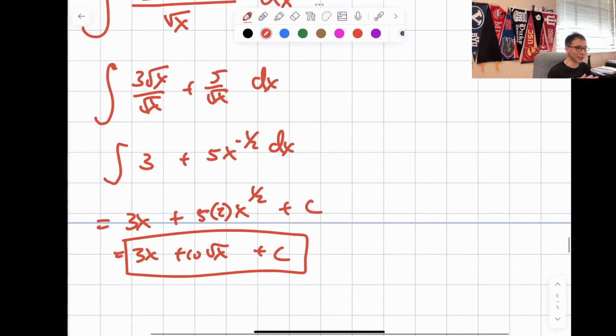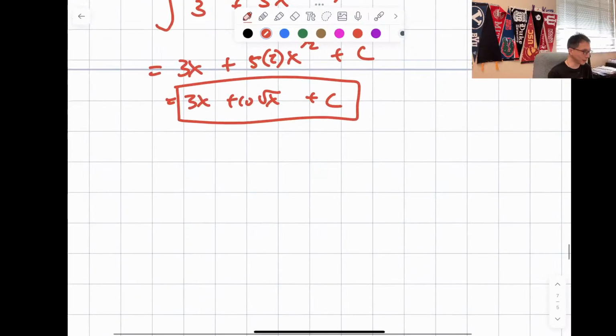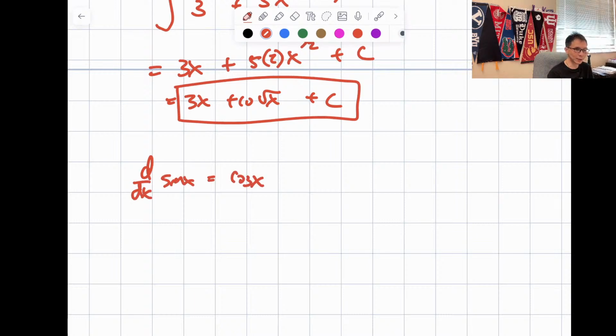So we kind of talk about multiple things at the same time. You should know how to take a derivative of sine of x. That's equal to cosine of x. Now, what's the integration of cosine of x?